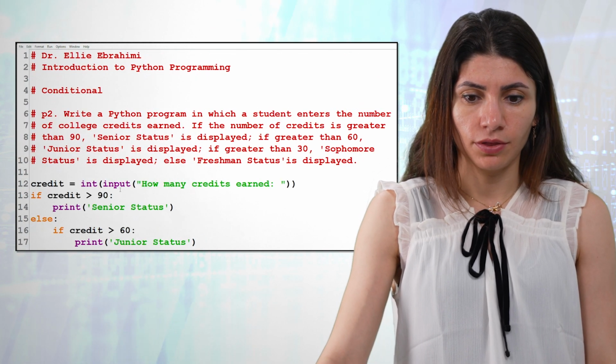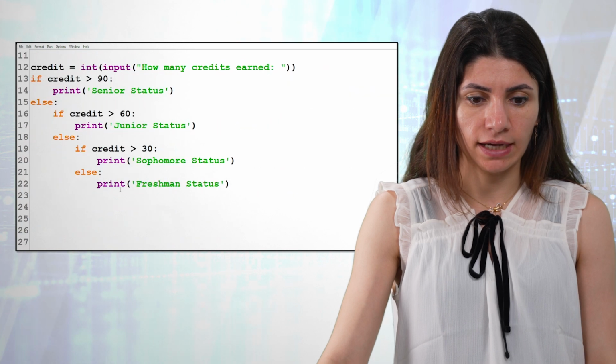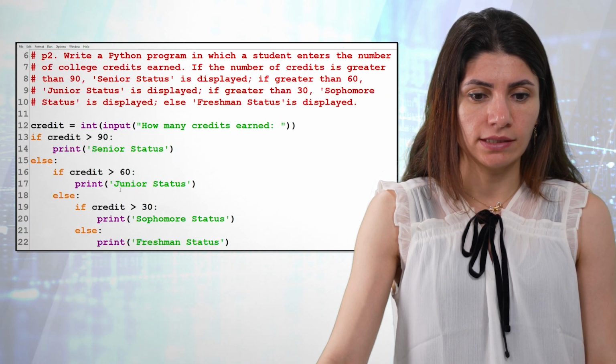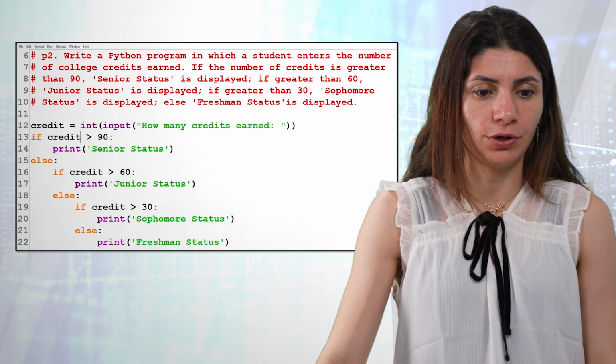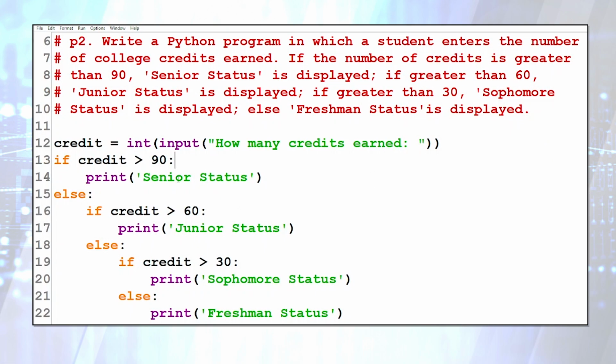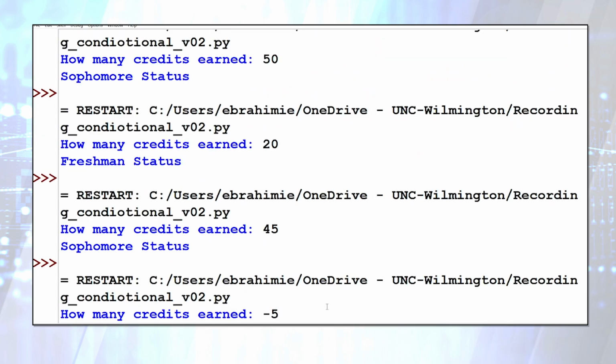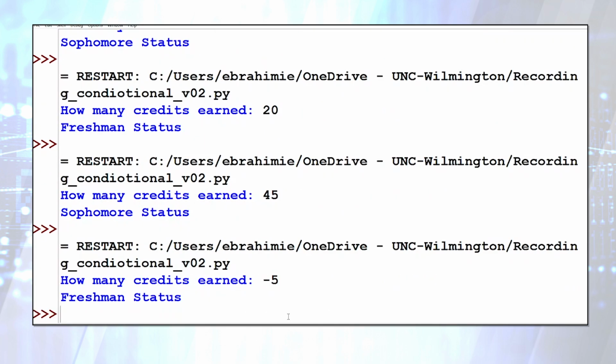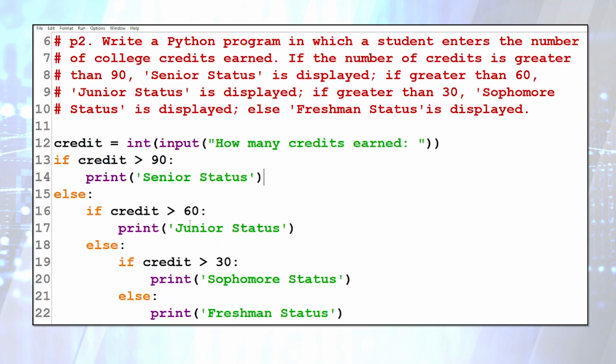Other things we can add here is making sure the number is not negative. You cannot have a negative credit when you get into a college. So you need to have a way of making sure the user doesn't put any invalid input.